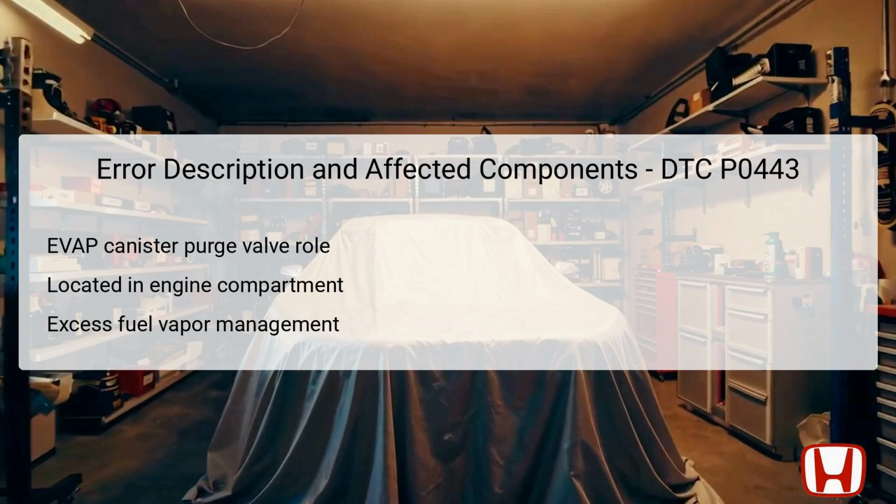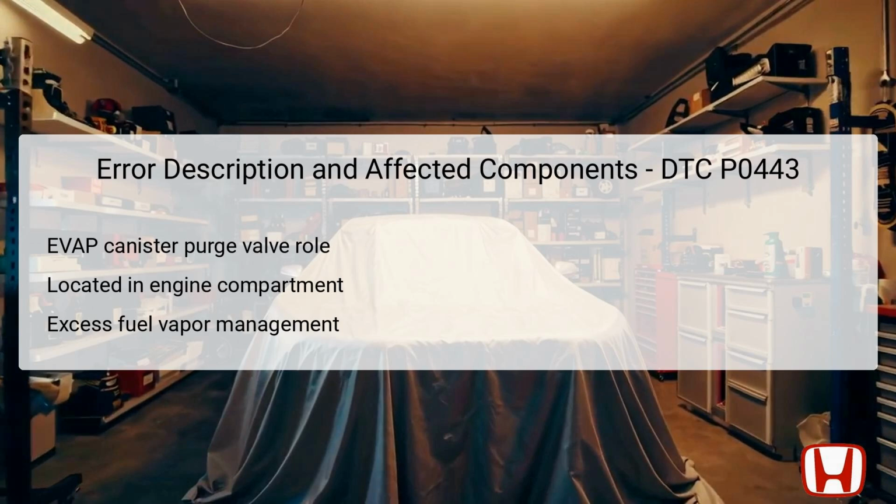The error associated with DTC P0443 pertains to the EVAP Canister Purge valve, an essential component of the evaporative emissions system. Its role is to allow fuel vapors trapped in the EVAP canister to be drawn into the engine for combustion when conditions are suitable. Located in the engine compartment, this valve connects directly to the vehicle's vacuum system.